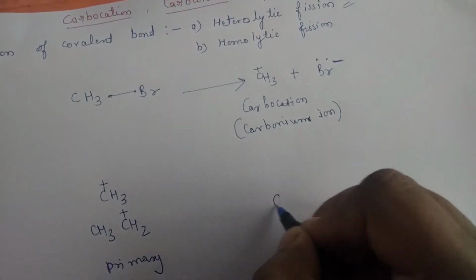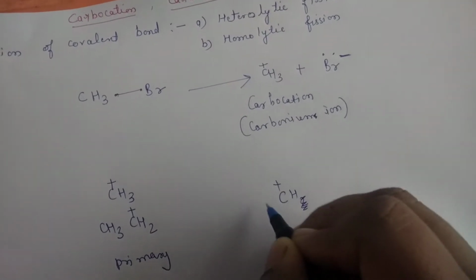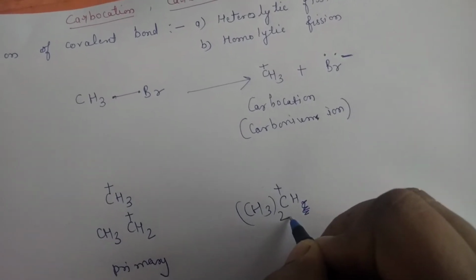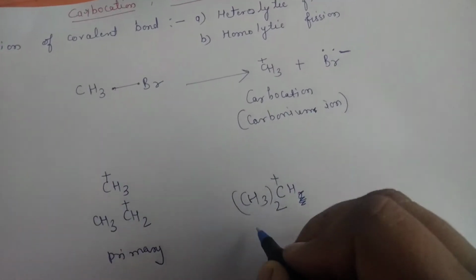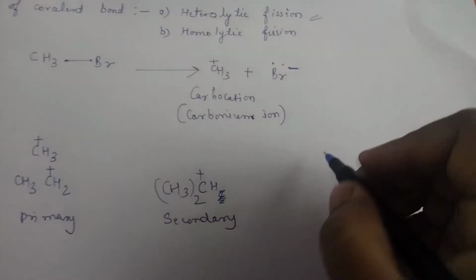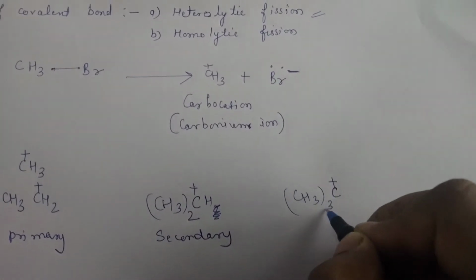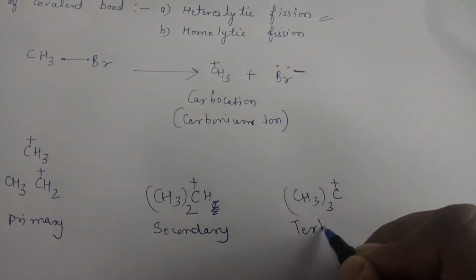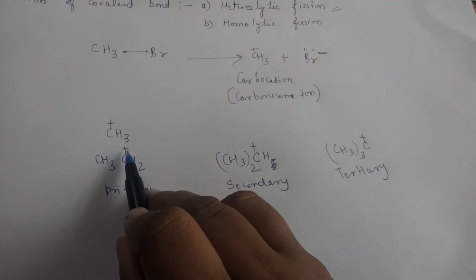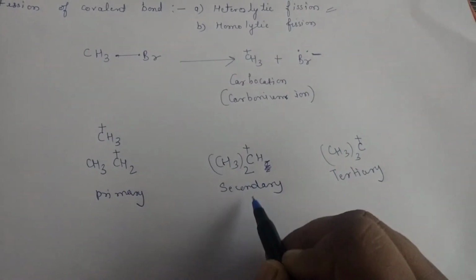If we lose one H, then the C is attached to two other carbon atoms, that's why it is secondary. And if the C with plus charge is attached to 3 other carbon atoms, then it is your tertiary. So if the carbon with positive charge is attached to only one C, primary; 2 other C, secondary; and 3 other C, tertiary.